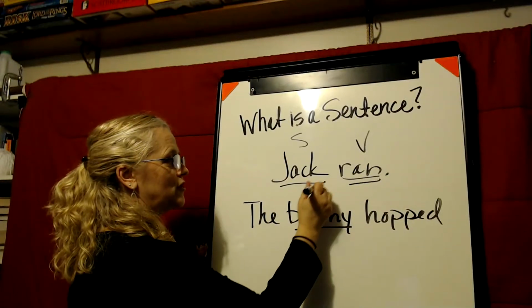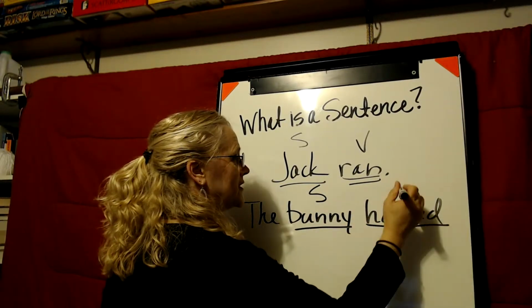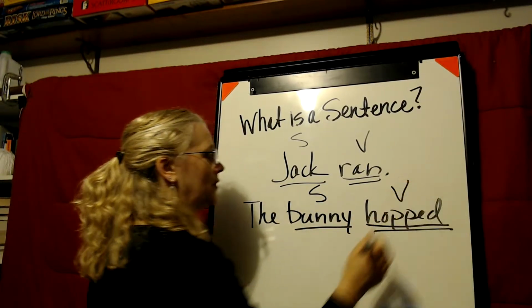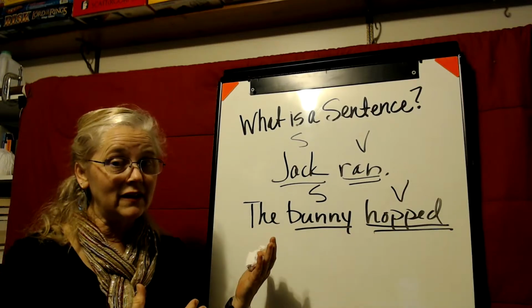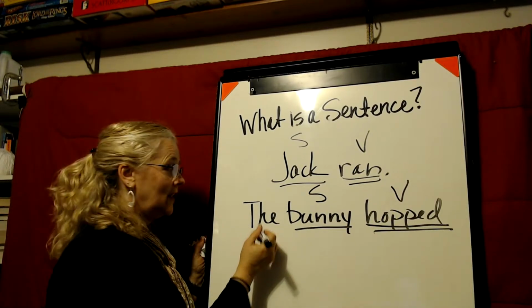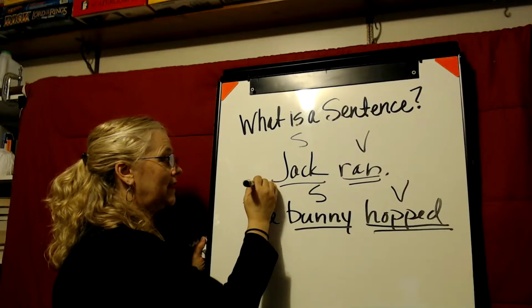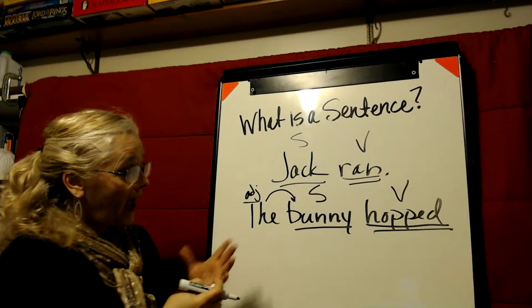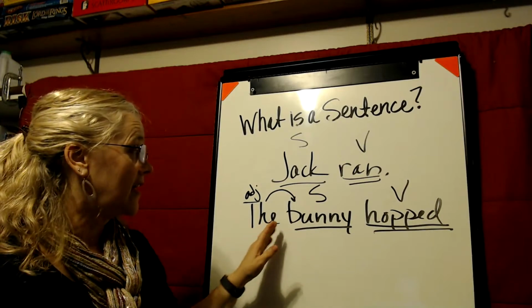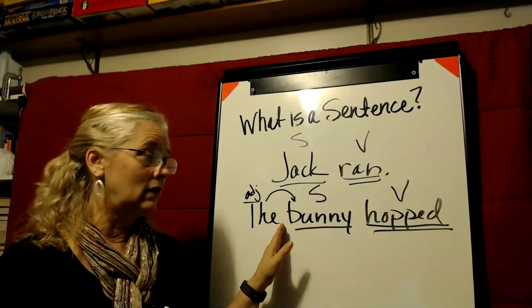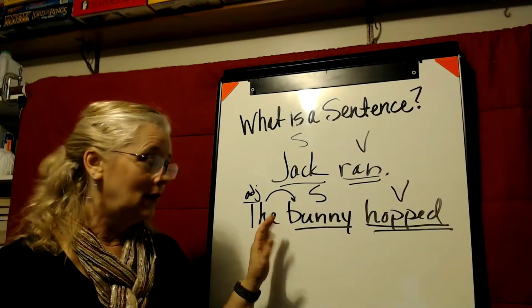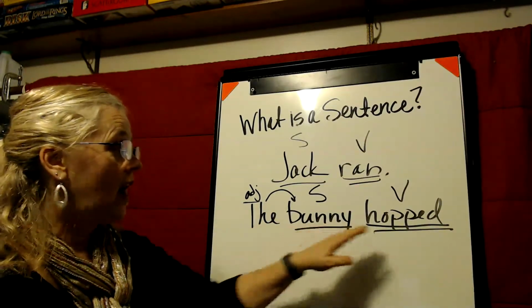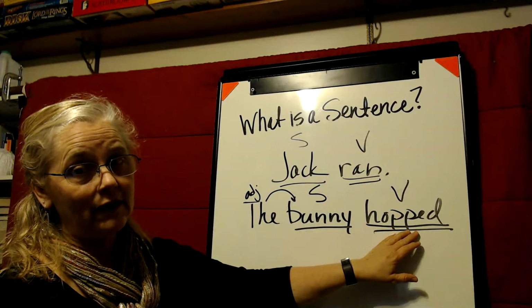Bunny is my subject and hopped is my verb. I could throw in, and the is an adjective that describes bunny. Which bunny is it? It's the bunny. But I could add other adjectives. I could say the cute little white fluffy bunny, throw in all those adjectives, hopped joyfully.